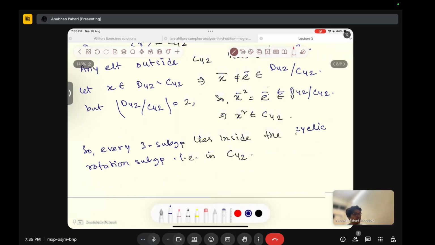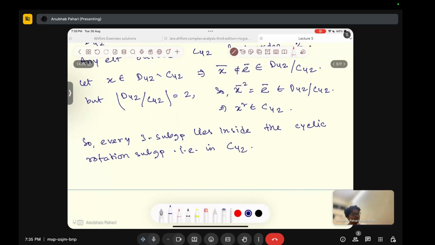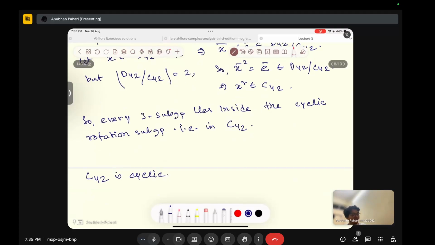Now what you see is that C42 is cyclic, right? There is a theorem that every subgroup of a cyclic group is cyclic, and it will be unique. So it should be a unique subgroup, and a unique Sylow subgroup is normal.